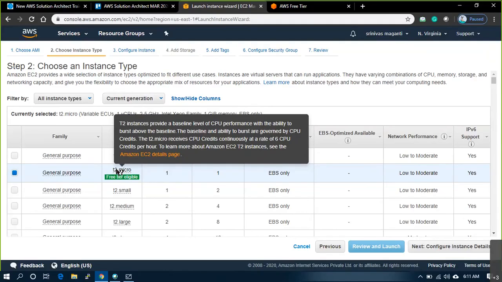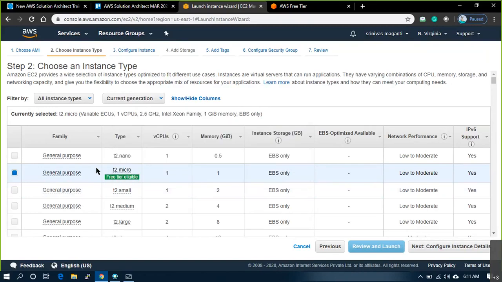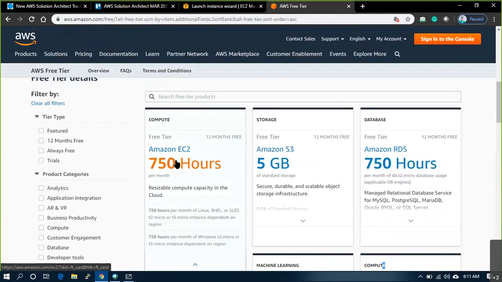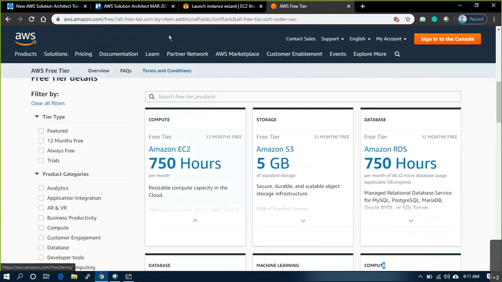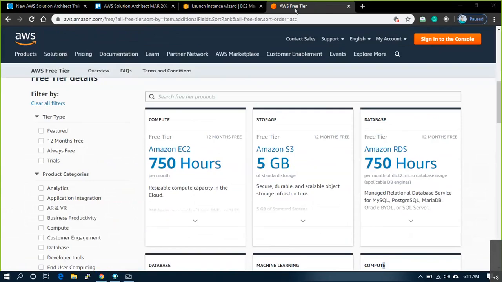That means if I deploy 2 servers and leave them for 15 days, then your free tier is over for that particular month, and for the rest of the 15 days you will be charged at standard rates. You getting what I'm saying? Yeah.